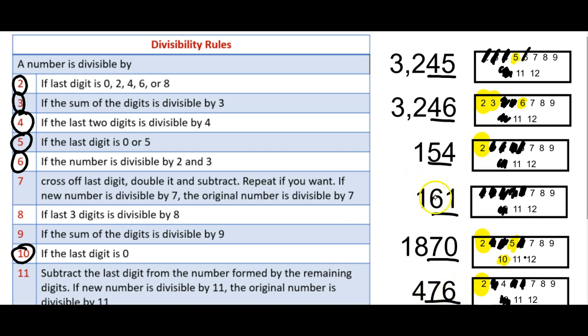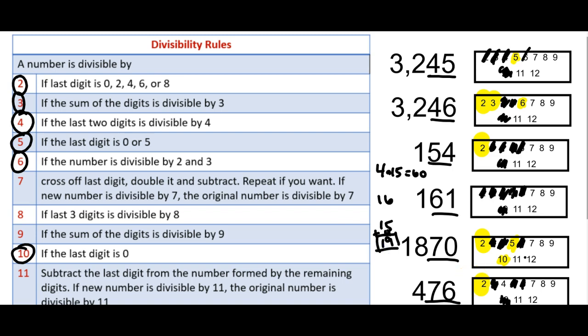The way I think about that is, I don't have that memorized, but I do know that 4 times 15 equals 60. And if I subtract 60 from 76, I get 16. And I know that 4 will go into 16. So 4 times 15 gives me 60, 4 times 4 gives me 16. So it's going to be 15 plus 4, or 19 times 4 will give me 76.